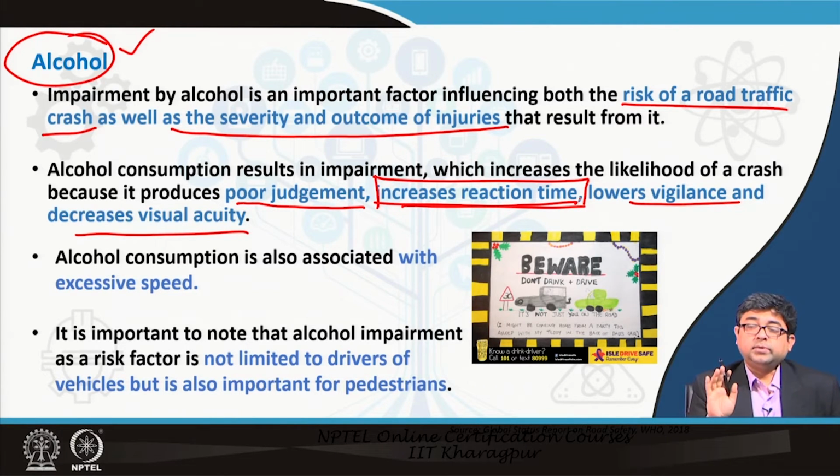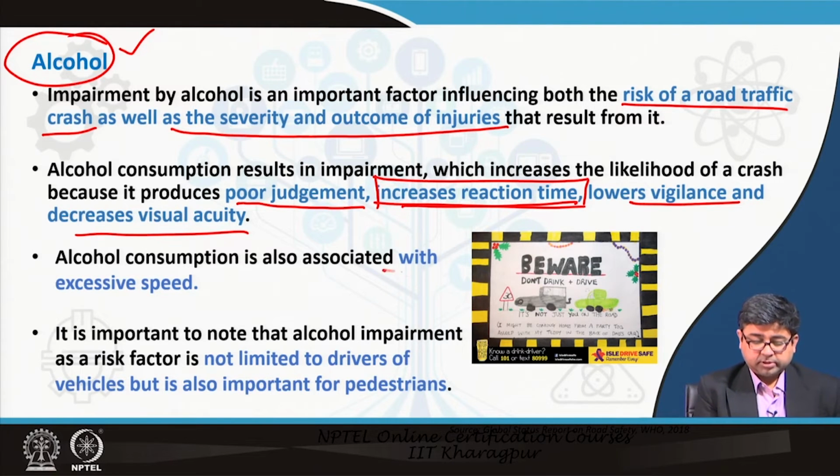You may be able to react very quickly if you are driving normally, whereas if you are driving under the influence of alcohol, you may not be able to react quickly to the situation where a pedestrian comes in front of you, and hence will not be able to apply brakes or maneuver your car around the pedestrian or a bicyclist.